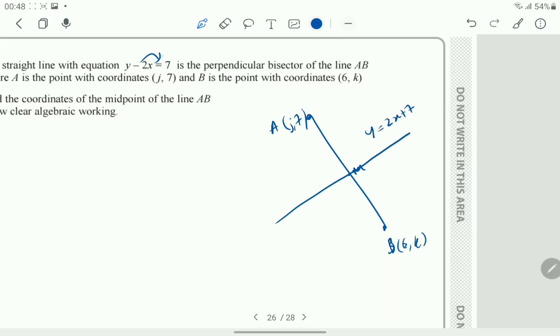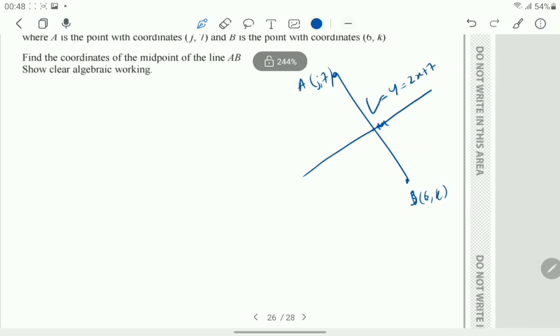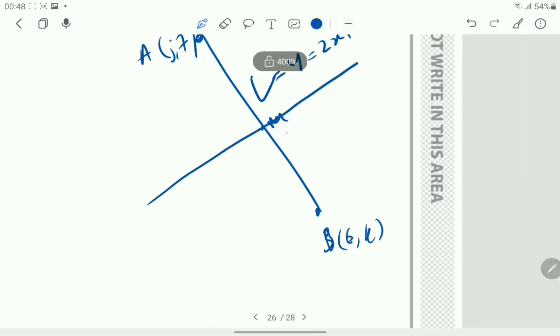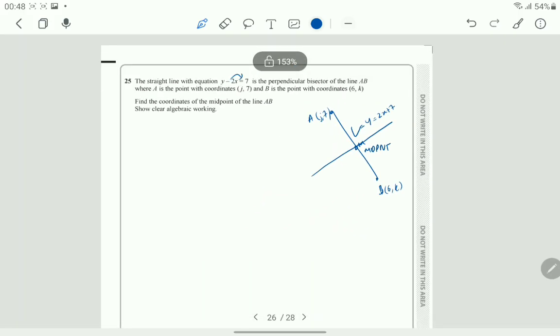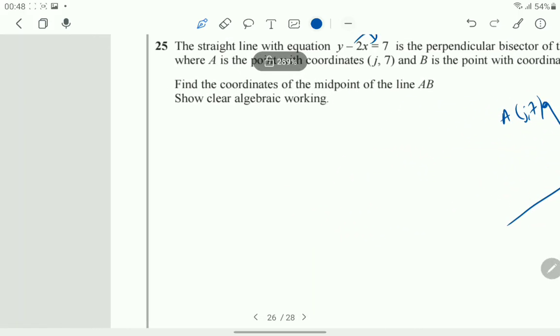I just sketched this here. Let's call it line L. So we know that whatever the coordinates of the midpoint are also on line L, and using that we can solve.